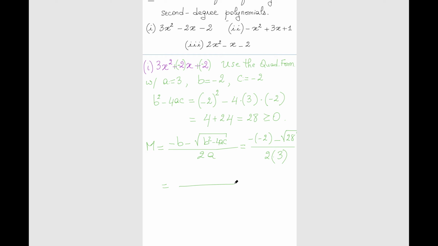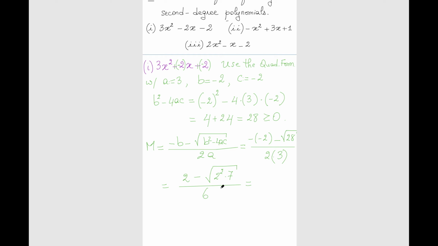Okay, so this is the same thing as negative the negative 2 is 2. And square root of 28 is what? Well, what's the prime factorization of 28? It's 2 squared times 7, right? 28 is 4 times 7, right? And divide by 2 times 3, which is 6.